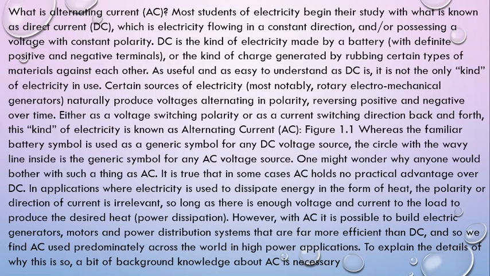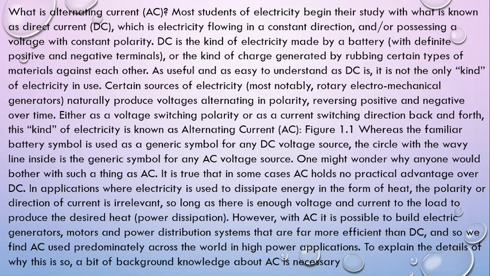As useful and as easy to understand as DC is, it is not the only kind of electricity in use. Certain sources of electricity, most notably rotary electromechanical generators, naturally produce voltages alternating in polarity, reversing positive and negative over time.